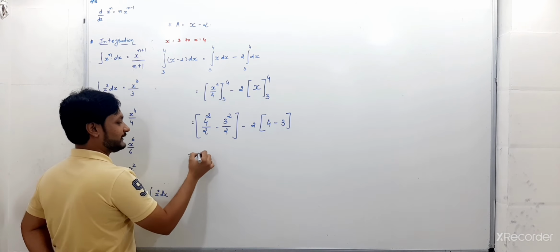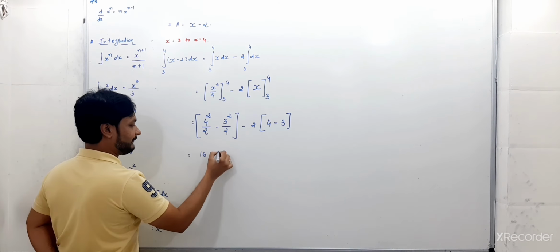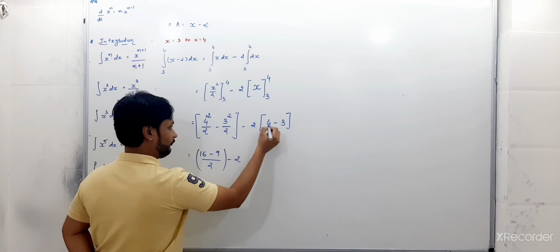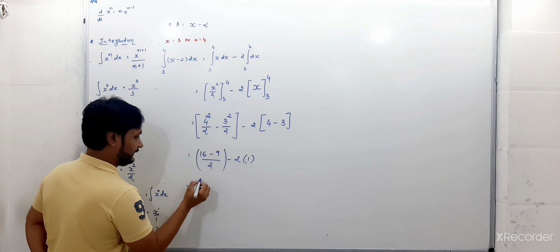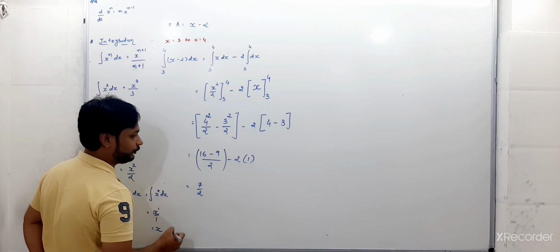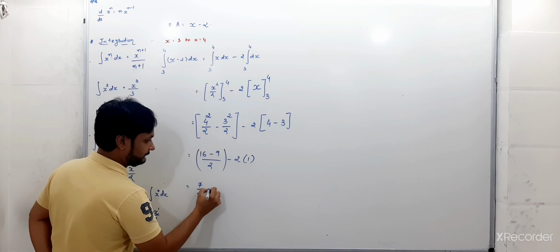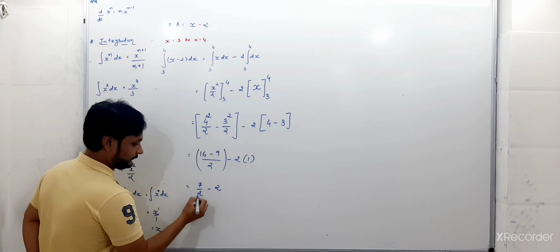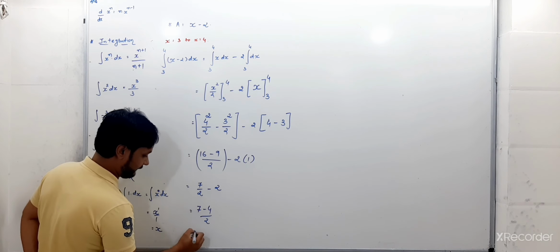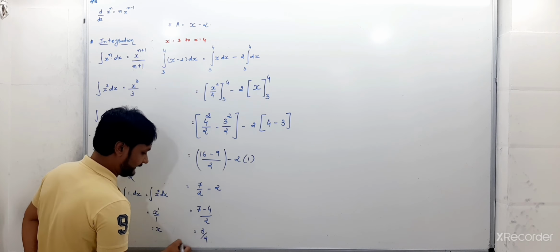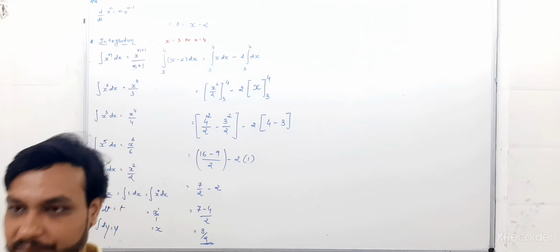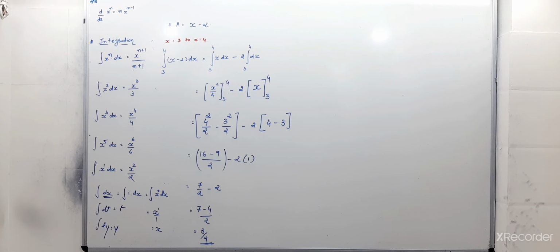So now 4 square, that means 16, 3 square, that means 9, and 2 is common between that. Minus 2, 4 minus 3, that means 1. 16 minus 9, that means 7, divide by 2, right? Minus 2. So take the LCM, 2 2s are 4, 7 minus 4 is 3, divide by 2. This is your answer for the integration.